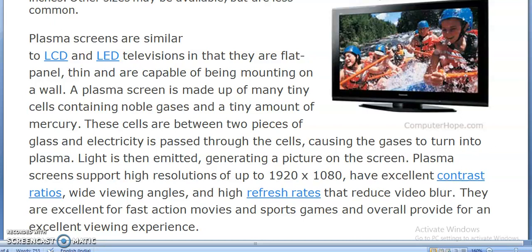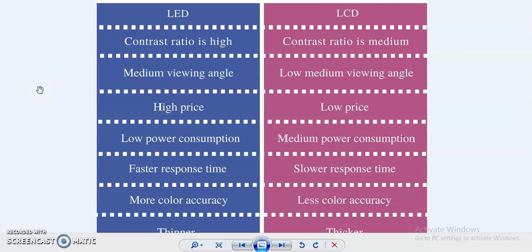So these are the different types of monitors we use these days, from CRT to LCD, LCD to LED, and LED to plasma. Next, I'm showing you the differentiation between LED and LCD. So LED has a high contrast ratio, whereas LCD has a medium contrast ratio.